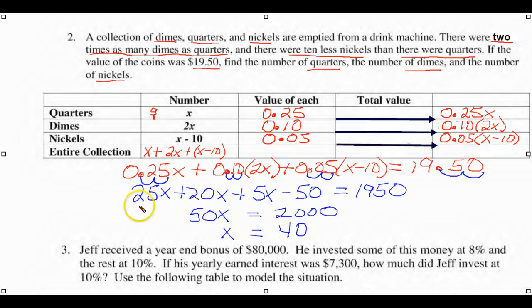We collected like terms. This is 50. We added 50 to both sides. We divide both sides by 50. We get quarters as 40. So how many quarters? 40. Now, how many dimes? Well, 2 times 40 is 80. And how many nickels? Well, 40 minus 10 is 30.